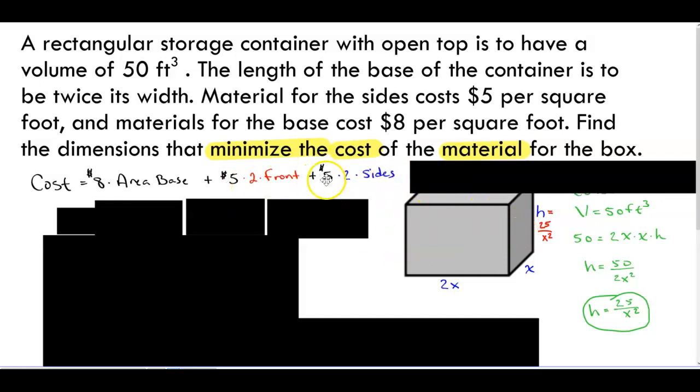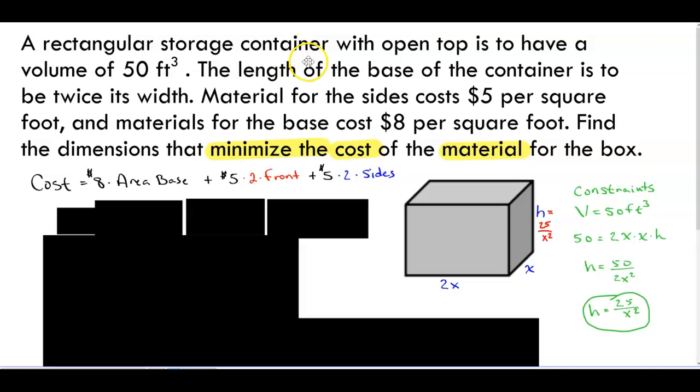The sides are still $5 per square foot. I have 2 of them, but notice that the front and the sides are different dimensions, so that's why I had to write them separately. And also notice it's an open top, so I do not have 2 bases, I only have 1.